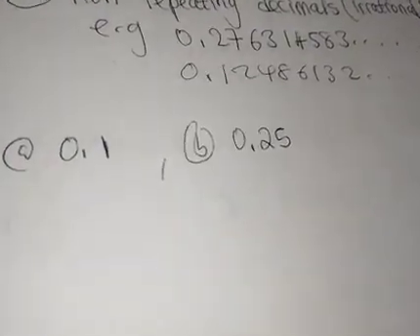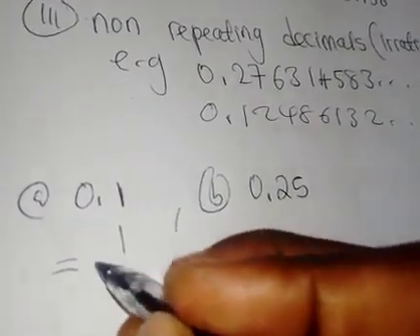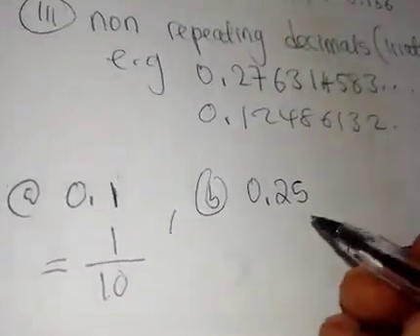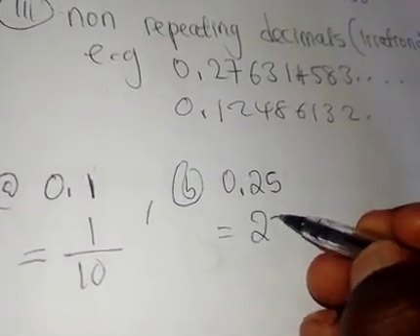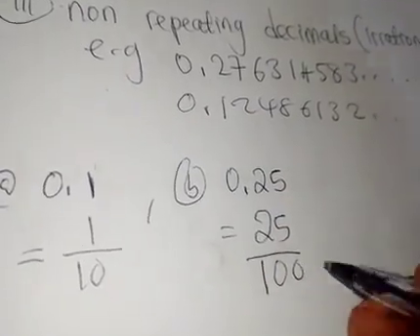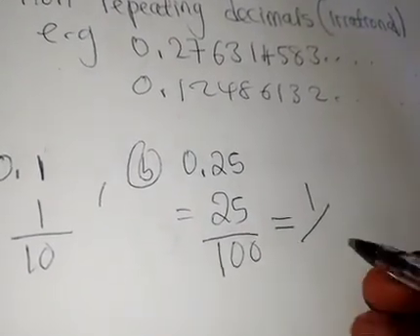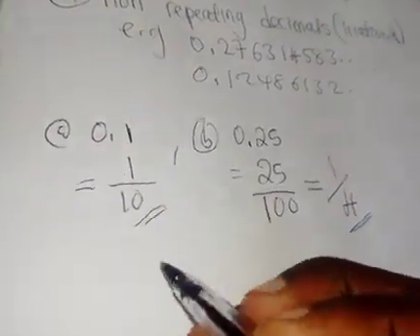You know that 0.1 is simply 1 over 10. Then for this one, it's 25 over 100, and 25 into 25 is 1, 25 into 100, that's 4, so 1 over 4.